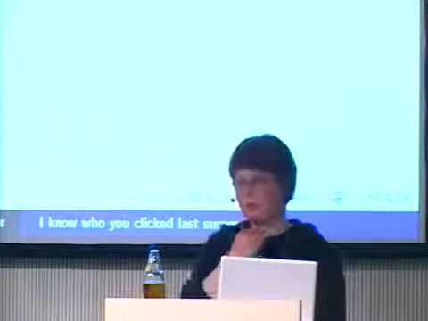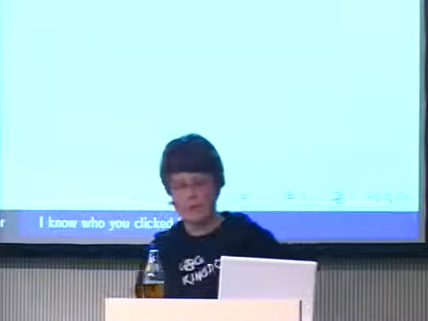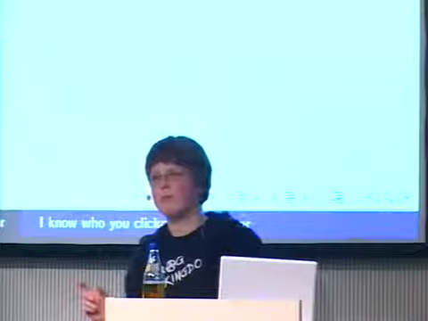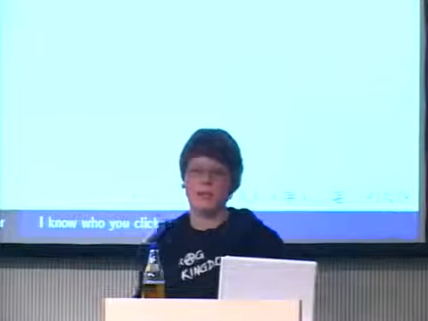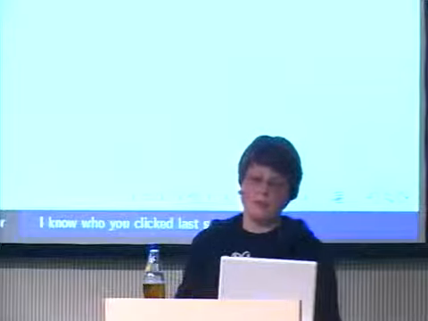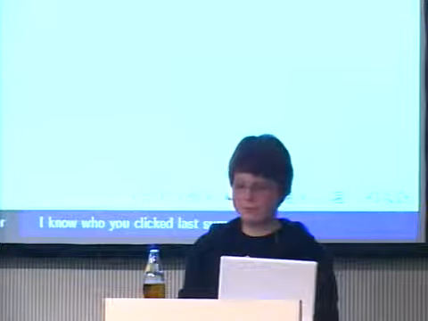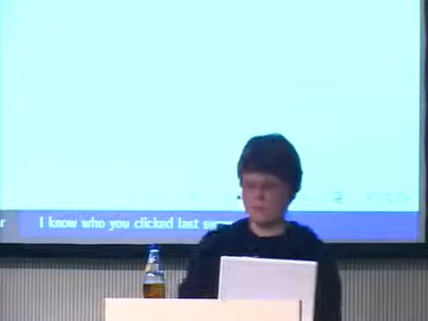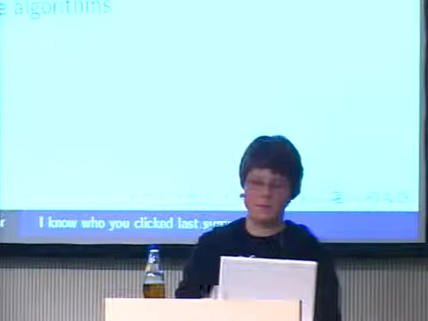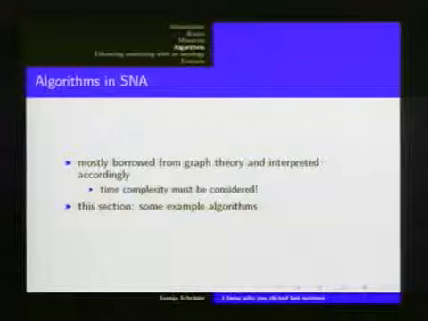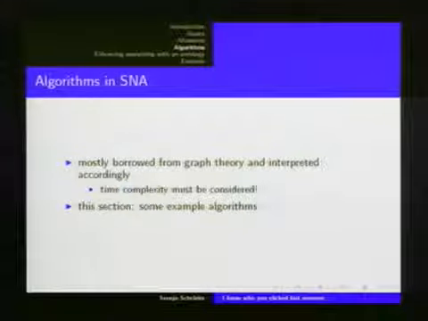Okay, then I'm going to show you briefly only 2 algorithms, because I picked out 2 which I thought were very basic and very interesting. There are very many ways of computing things, so there are very many algorithms. Algorithms in social network analysis are mostly borrowed from graph theory, of course, because a social network is, as I mentioned, a network and a graph.